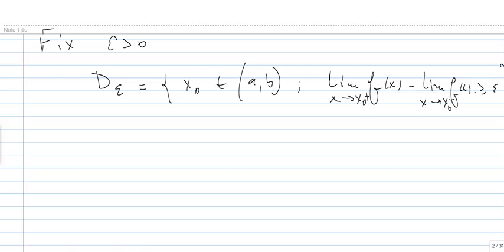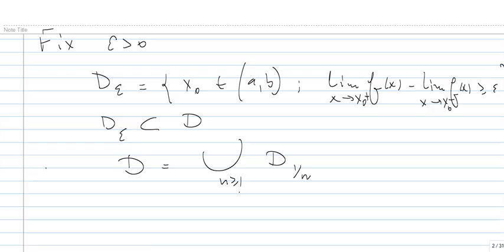So we know in this case that they are different, since epsilon is positive. And therefore, this D epsilon is going to be included in D. And it's easy to see from what we did before that D is the union of D 1 over n for n greater or equal than 1.